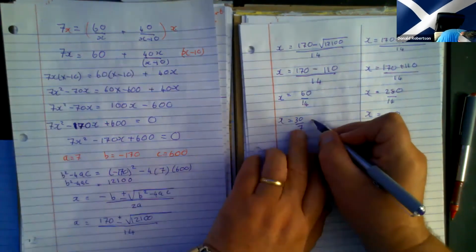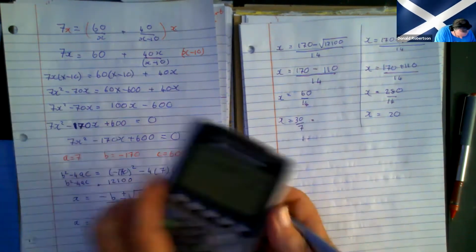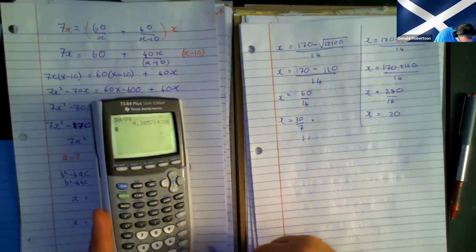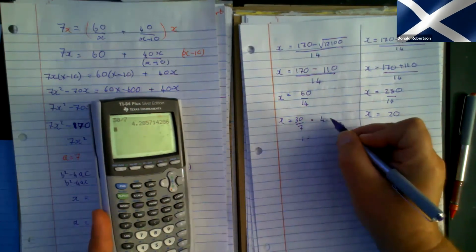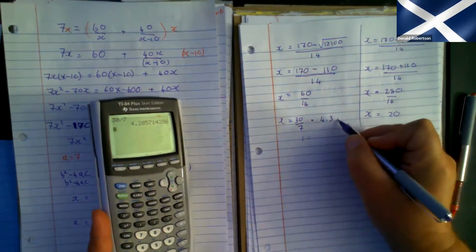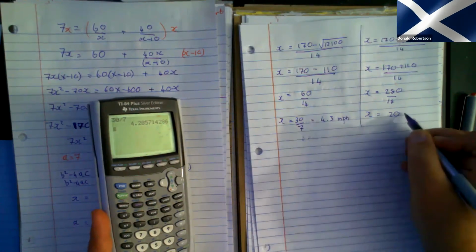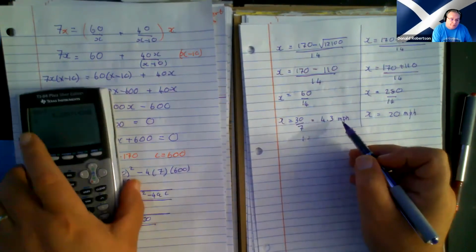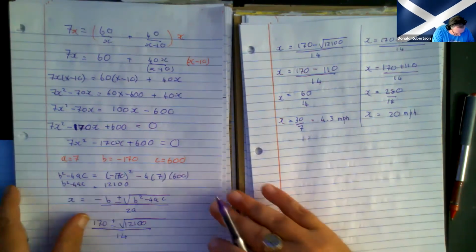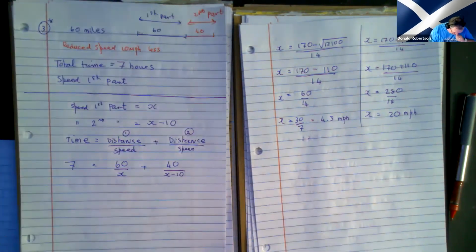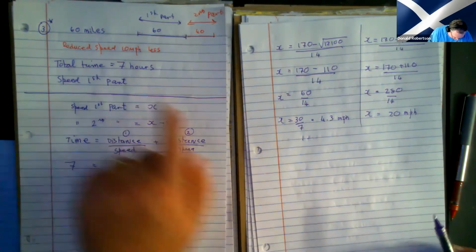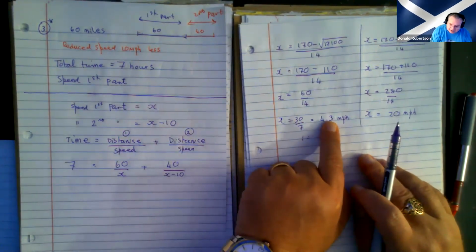Now, if I turn this guy into a decimal, I want to show you why I can't use it. It is roughly about 4.3 miles per hour. And this one is 20 miles per hour. The reason why I'm going to throw this one out is, if you remember right at the start, the second part of the journey was whatever this speed is, but 10 less.